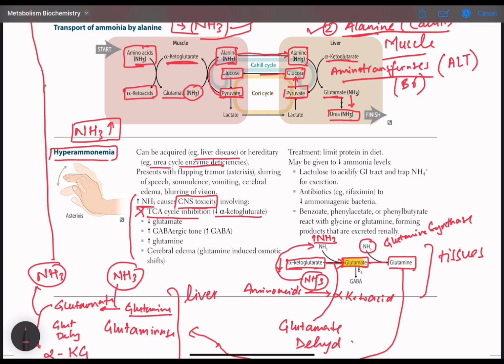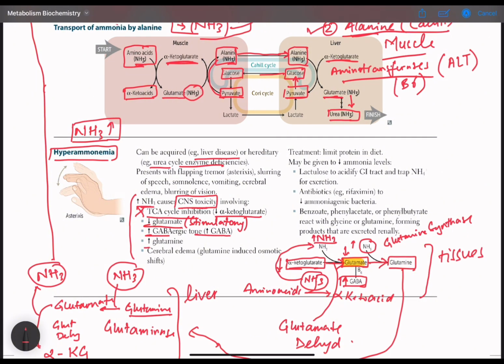The second reason is that if there is a lot of ammonia, the glutamate is further converted into glutamine, and the glutamate levels are decreased, and we all know that glutamate is the stimulatory neurochemical substance. Then these chemical states of our body lead to the conversion of glutamate to GABA, or in other words it increases the inhibitory tone, as GABA is the inhibitory neurotransmitter of our brain. So there is increased GABAergic tone.